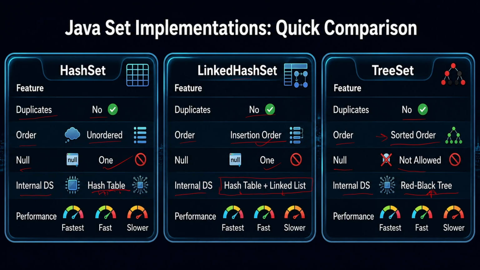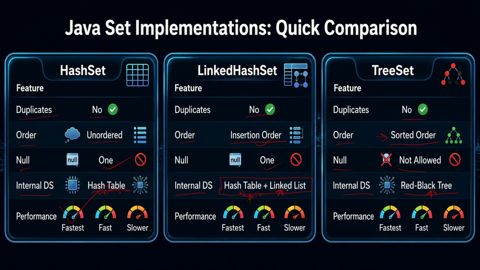And now the performance. A hash table uses a hashing algorithm, that's why HashSet is the fastest in performance. And LinkedHashSet uses a linked list. The hash table gives speed, no doubt, but the linked list gives memory overhead, because in a linked list there is a chain of nodes, each node refers to another node, and all these nodes sit in heap memory.